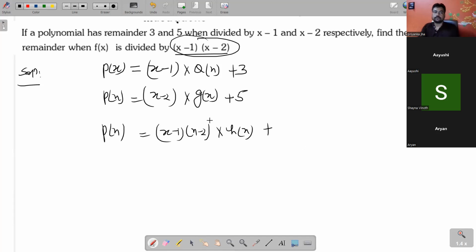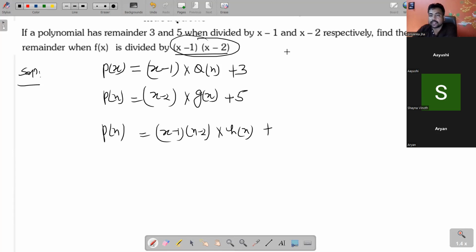Now think one thing. What kind of remainder should you think? It should be a whole number, an integer. I told you that whenever you divide anything, the degree of the remainder depends on the degree of the divisor.